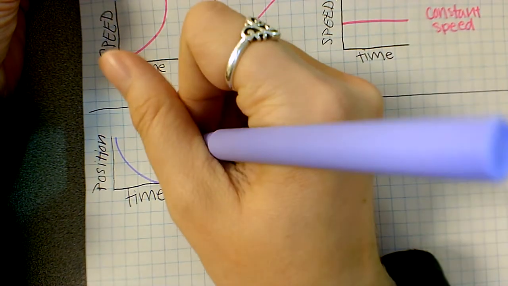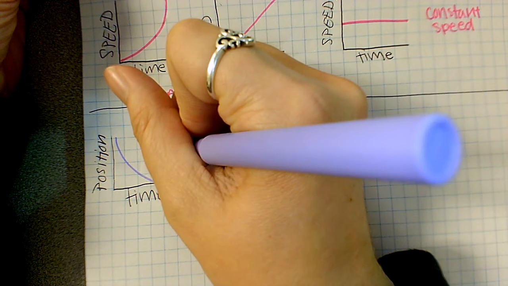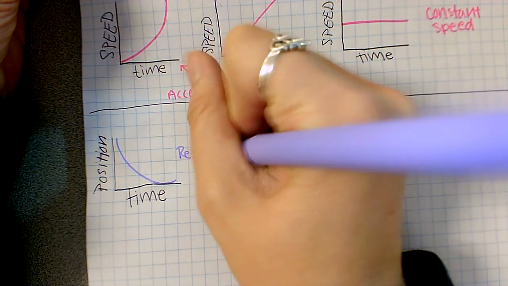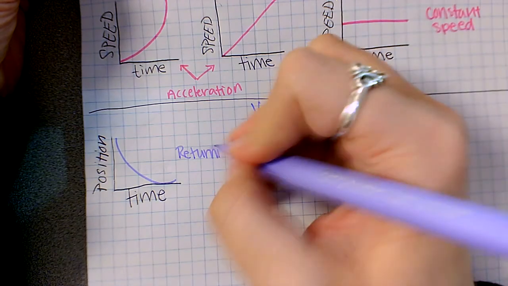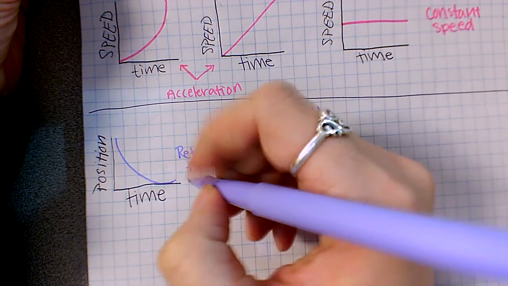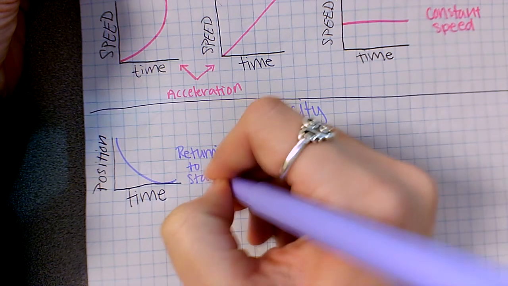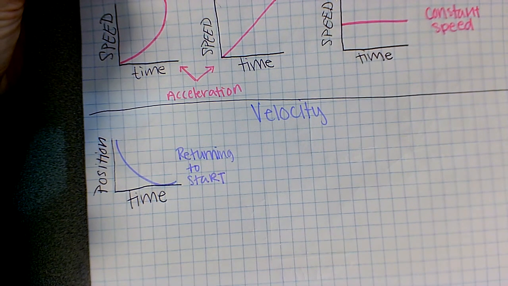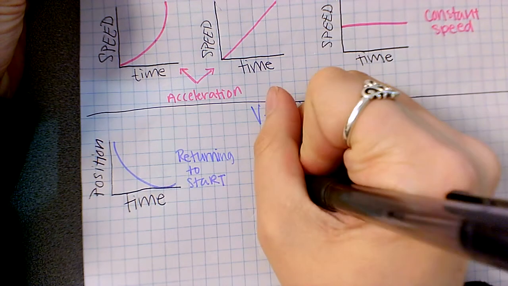So this one is a negative slope, right? But it's returning to the start. So the displacement would be 0. Alright?